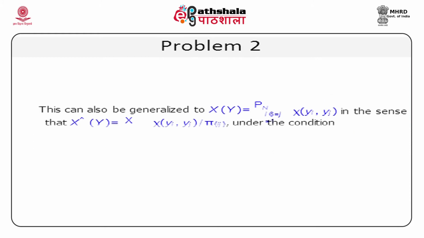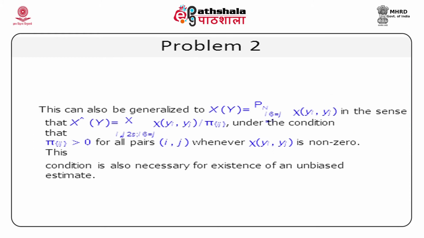Next. This can also be generalized to chi of y, which equals summing over all I unequal to j, chi of y I y j, in the sense that chi hat y is equal to summing over all sampled units I not equal to j, chi of y I y j divided by pi ij, under the condition that pi ij's are positive for all pairs ij, whenever chi of y I y j is non-zero.